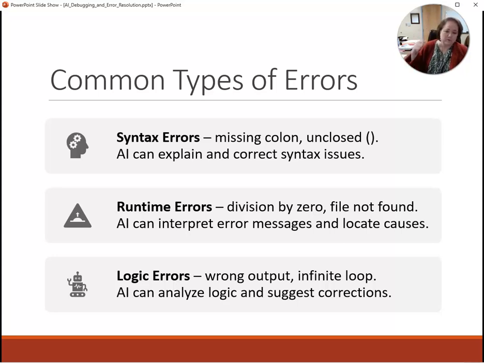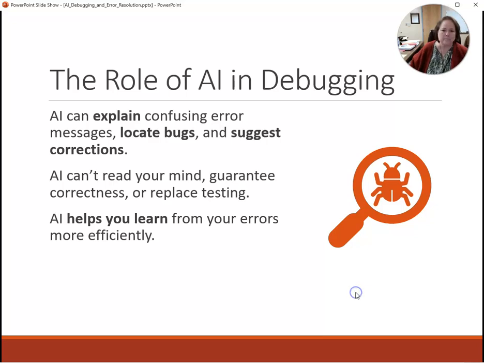It looks like it should be working, but it's got something wrong. And AI is really good at helping us break down the parts of a program into situations where we can better pinpoint what the logic error might be. And again, it's really good at suggesting corrections.